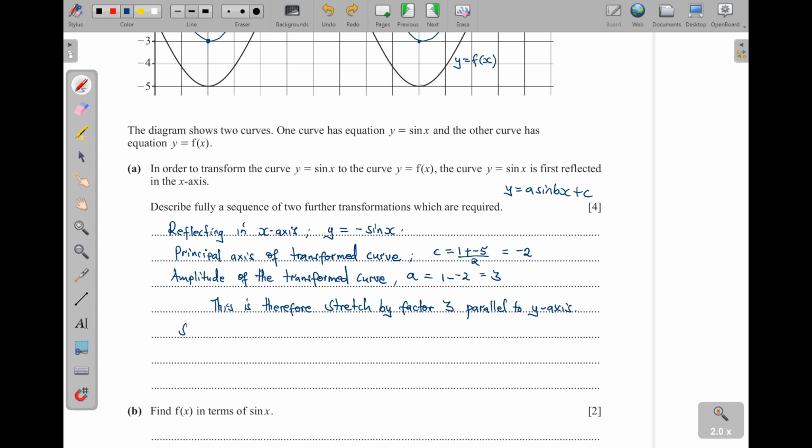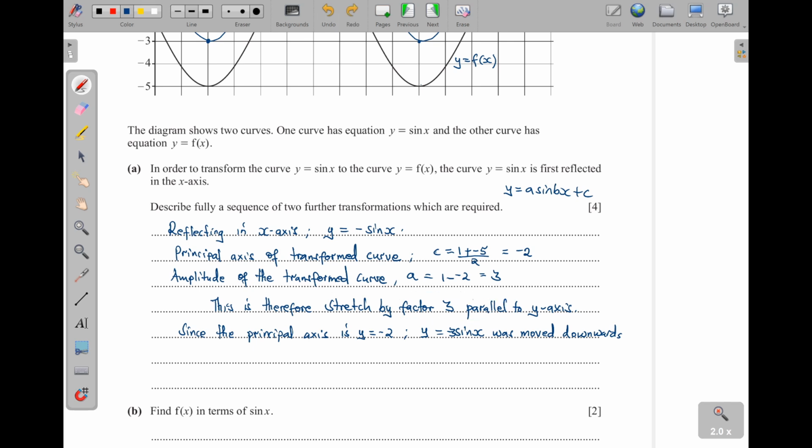So I would say that since the principal axis is y is equal to negative 2, then y is equal to negative sine of x was moved downwards. Actually, there is a 3 here because we have already stretched.